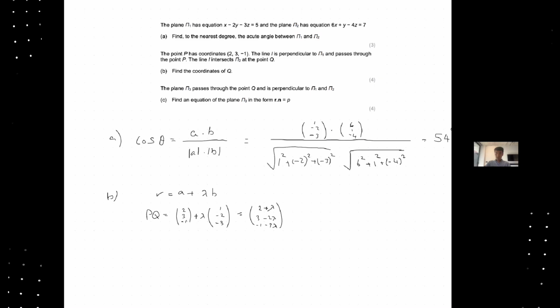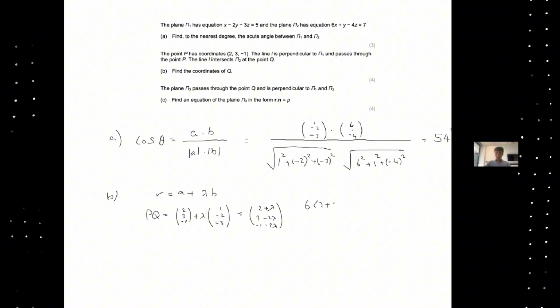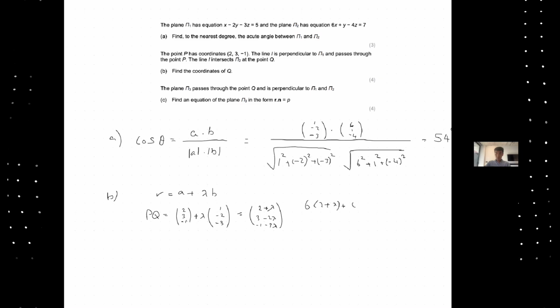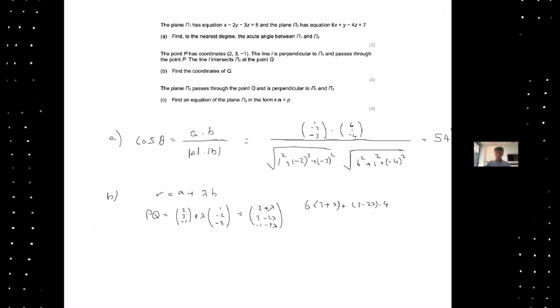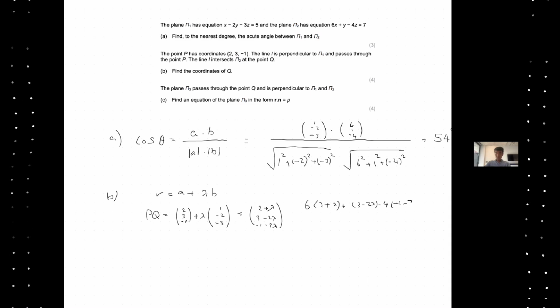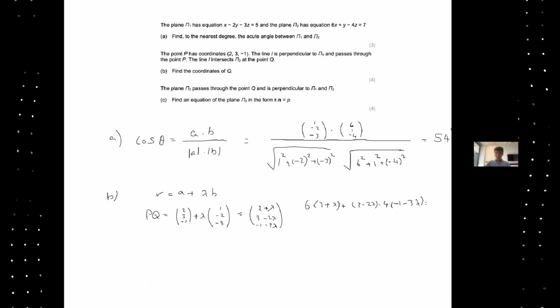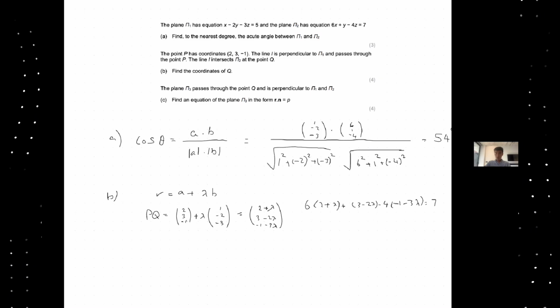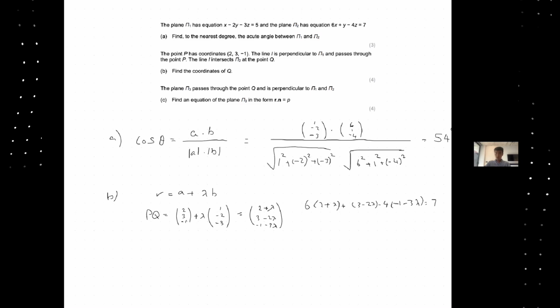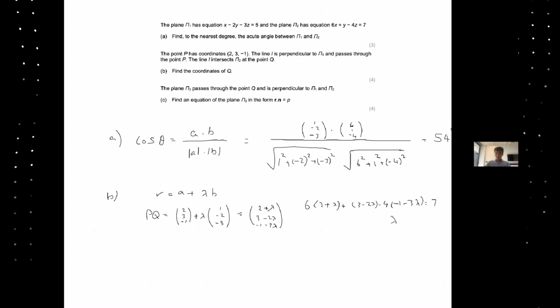So it's going to be 6 times x, which is 2 plus lambda, plus y, which is 3 minus 2 lambda, minus 4 z, which is minus 1 minus 3 lambda, equals 7. Okay. And you can go ahead and just solve this, just multiply the bracket out and then solve it. And you should get that lambda is minus 3/4.